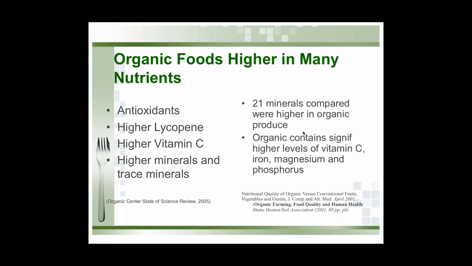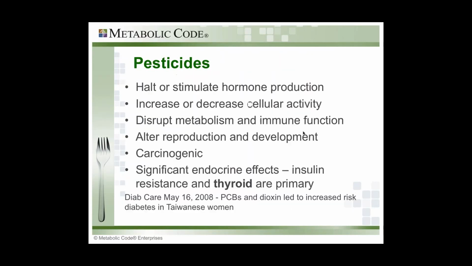For one, with organic foods, we're getting better nutrient intake, which helps make sure we're getting all the nutrients we need for thyroid hormone production, among other things in the body. But we also want to make sure we're limiting our intake of pesticides.